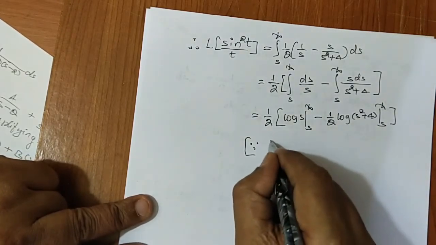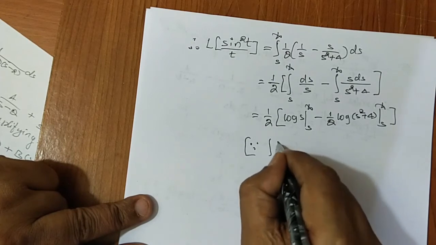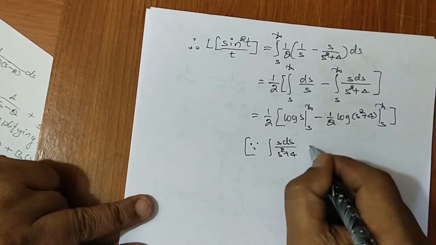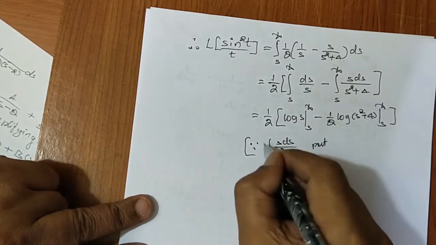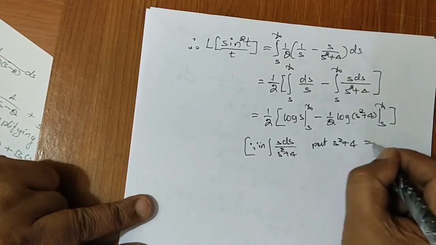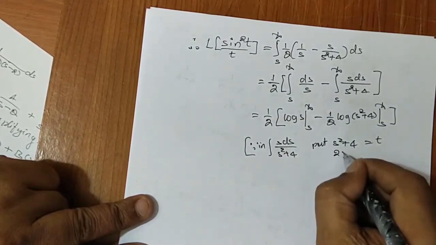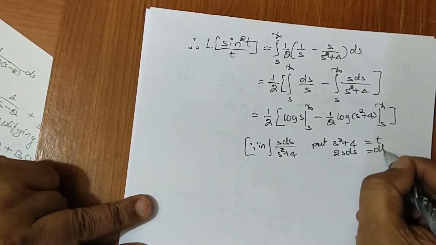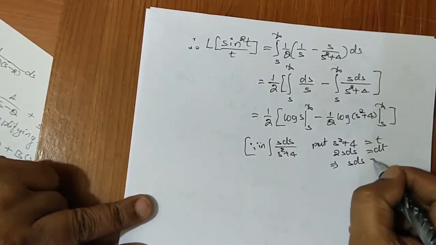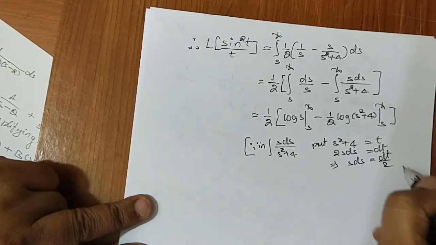What I should do, because of the integration s ds over s squared plus 4, put s squared plus 4 equal to t, 2s ds is dt. This implies s ds is dt by 2.